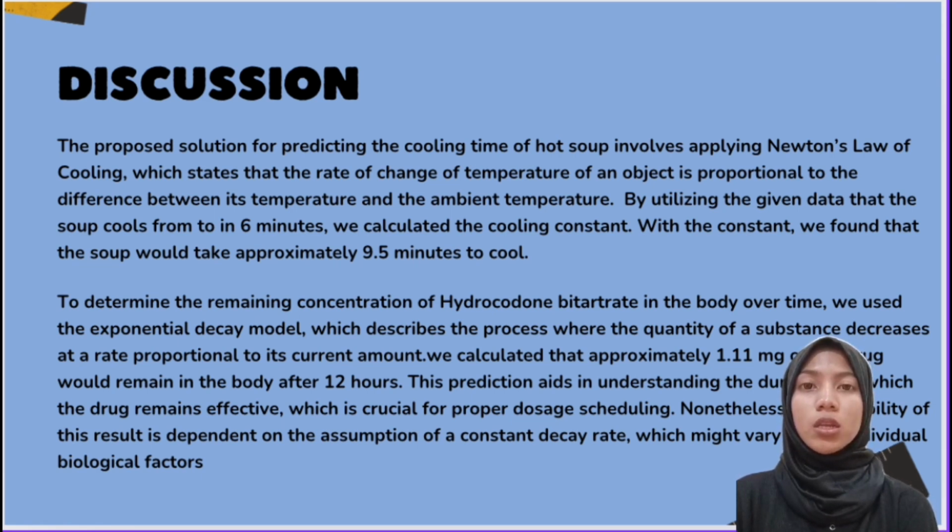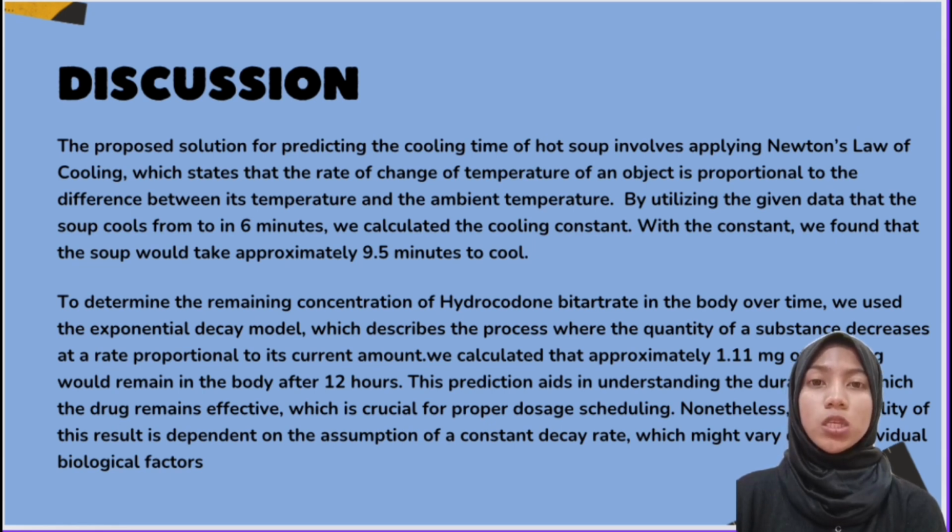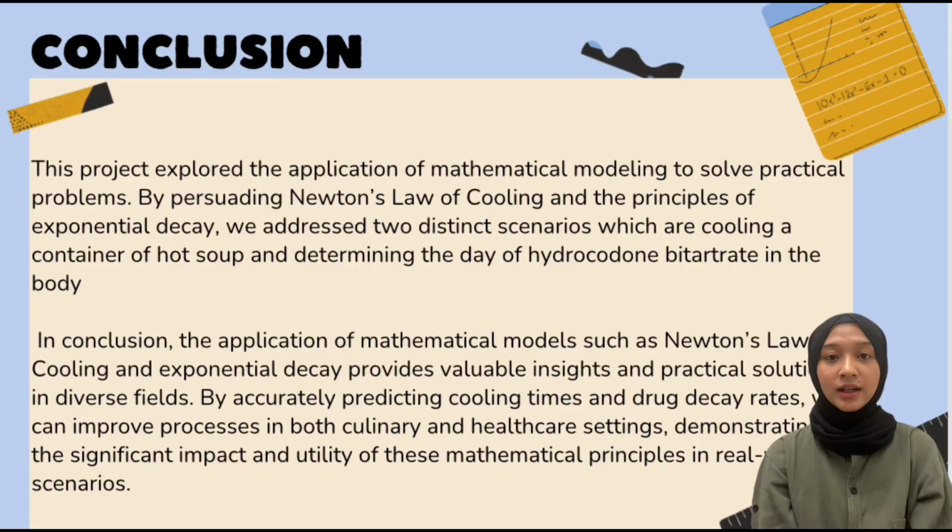This prediction aids in understanding the duration for which the drug remains effective, which is crucial for proper dosage scheduling. Nonetheless, the reliability of this result is dependent on the assumption of a constant decay rate, which may vary due to individual biological factors.